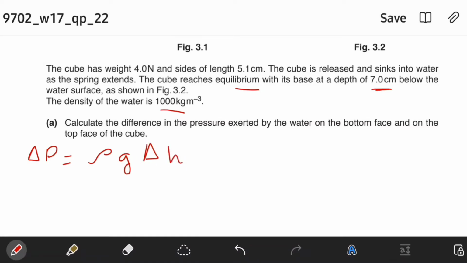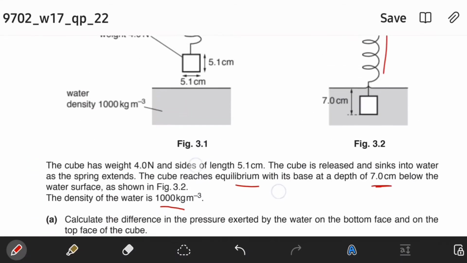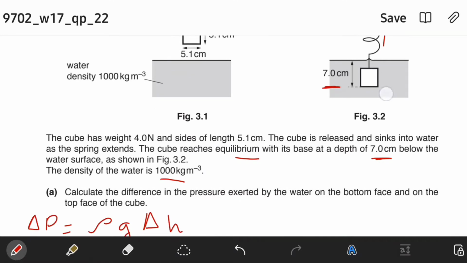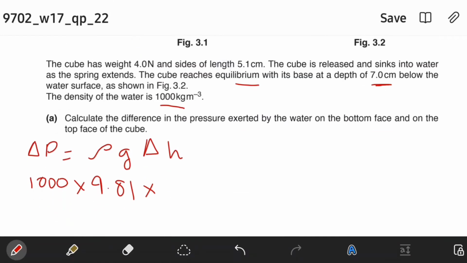Now you're going to make an equation, which is the density is 1000 and g's value is also a constant. And first we are going to take for the base. So this is given to us till the base. This is the base here. So it is 7 centimeters. Convert centimeters into meters by dividing it by 100.